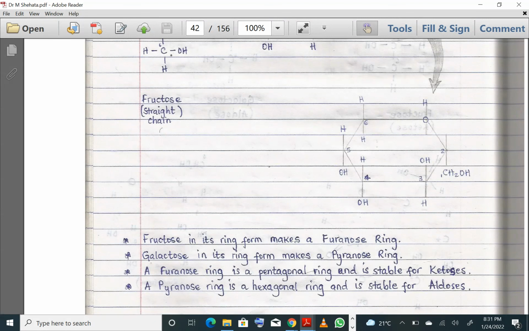So fructose in its ring form makes a furanose ring because that's more stable. It can make a pyranose ring, it won't be very stable. So that's an important point to take note of.